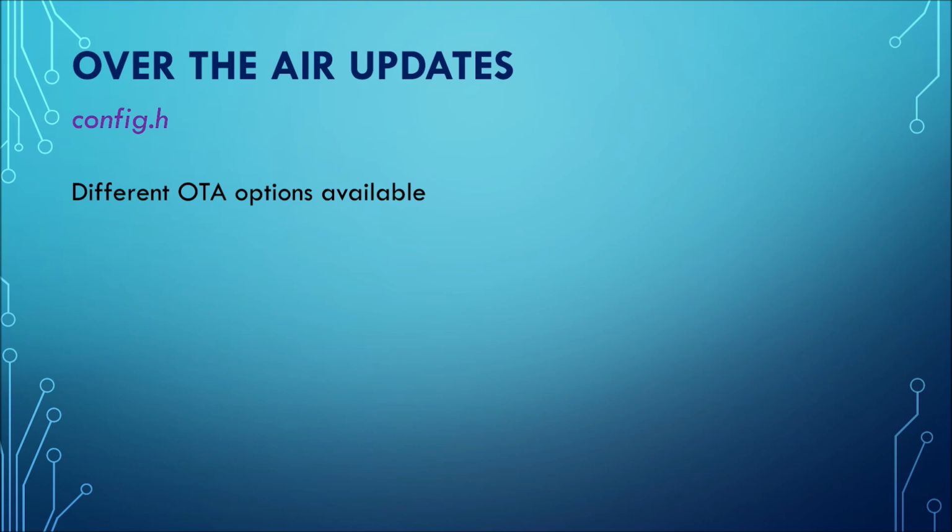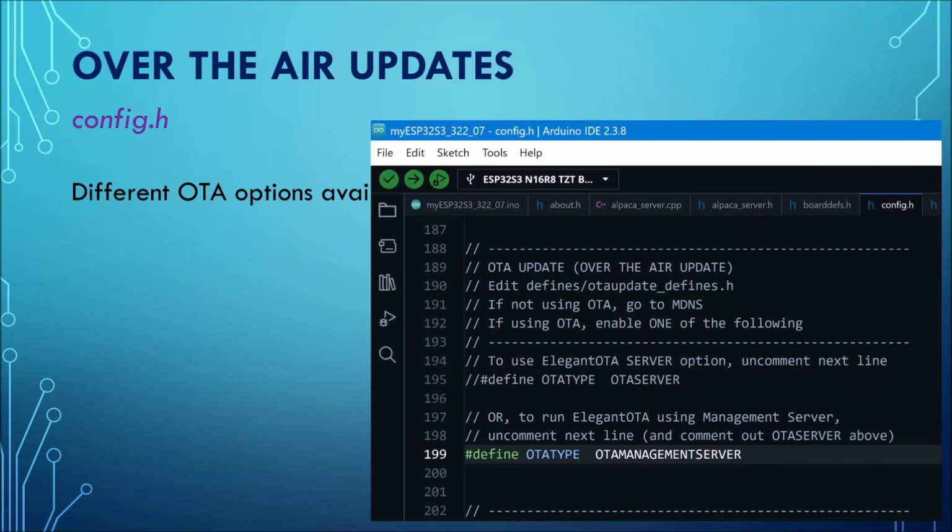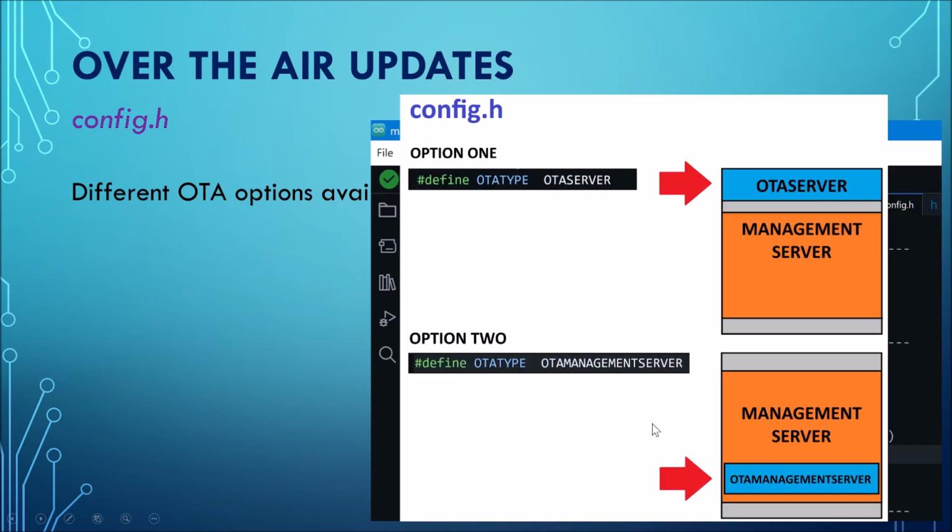Alright, so in config.h, when we look at that, there are two different choices. We've got a dedicated OTA server, or we can have OTA under the control of the management server. So you've got a choice. In terms of option 1, which is using the OTA server, this is what the memory arrangement looks like when they're both completely independent of each other.